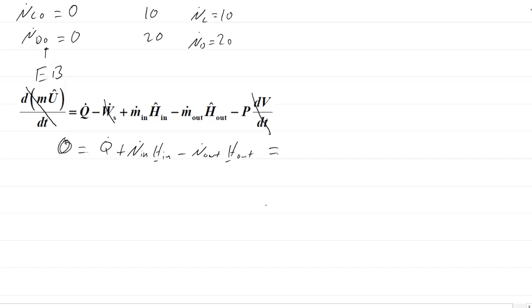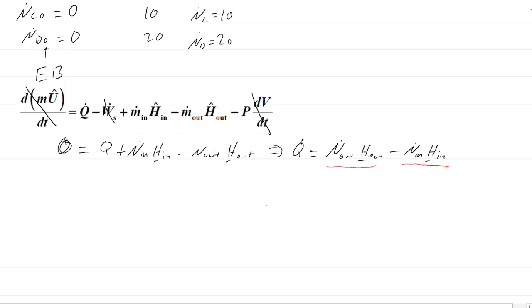Okay, so I just bring the Q on the other side, and so that's Q dot equal to n dot out H out minus n dot in H in. Okay, so now that we've got this equation, what our task is now is to find what these terms are here.